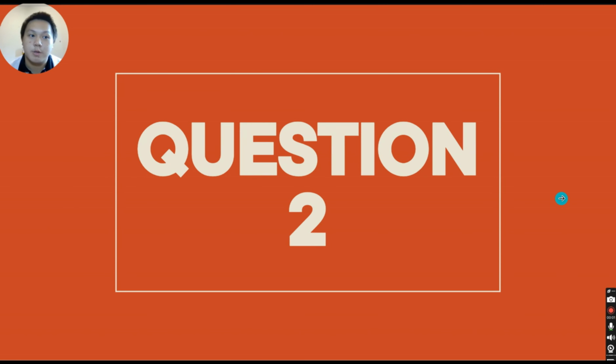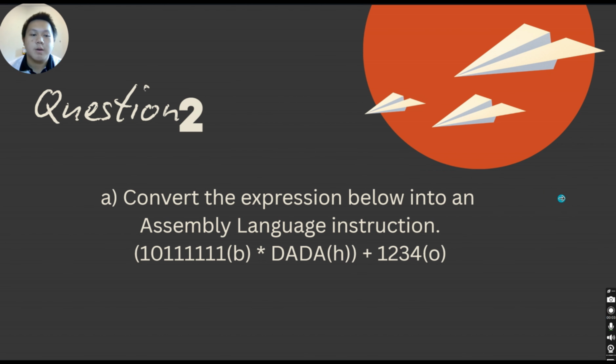About question 2. Okay, so first, question 2a is to convert the expression below into an assembly language instruction. The instruction given is 10111111, this is binary, multiplied with DADA, this is hexa, and then plus 1234, this is octal.